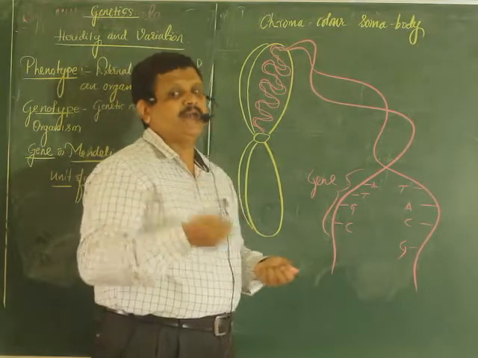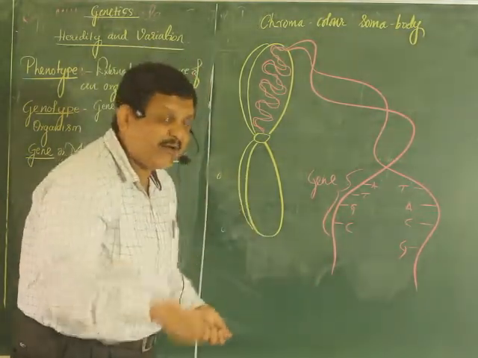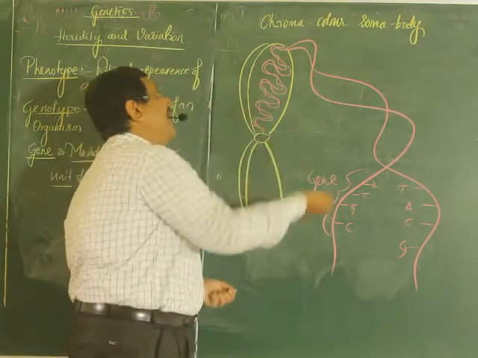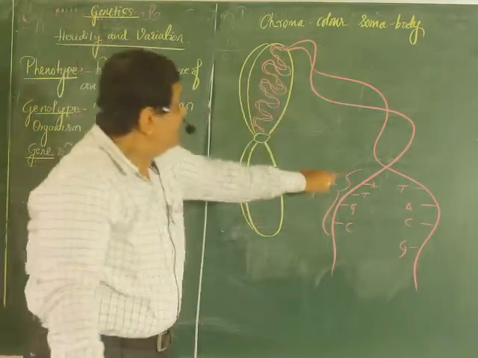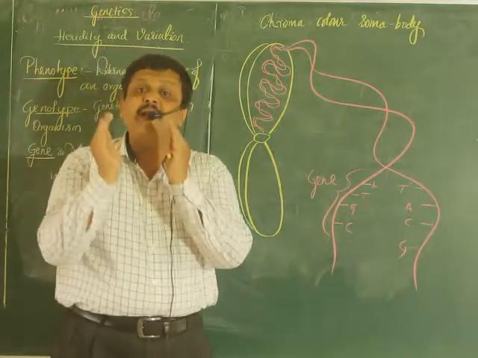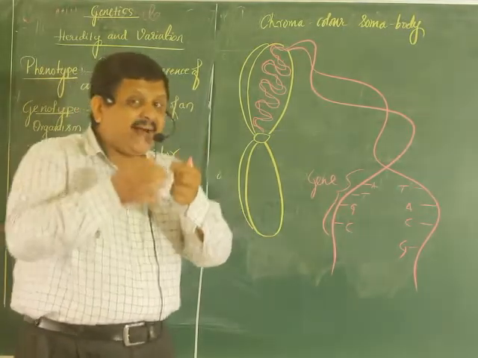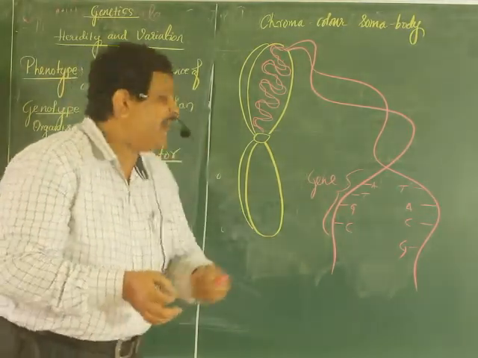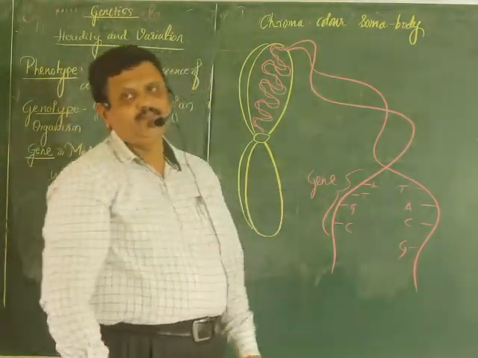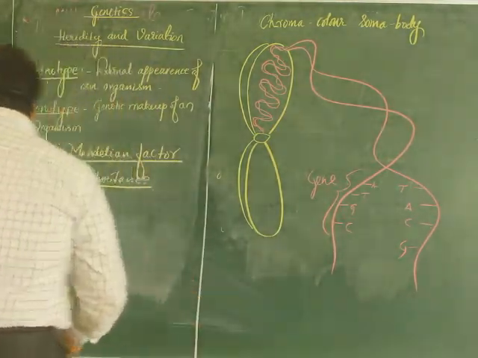Now, I hope it is clear to you where exactly the gene is situated. Gene is situated inside the chromosome, inside the DNA, in the form of nitrogen bases. The group of systematically arranged nitrogen base pairs is called gene. Is it clear?